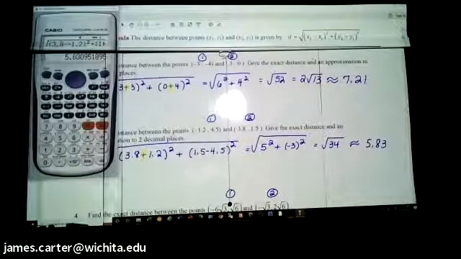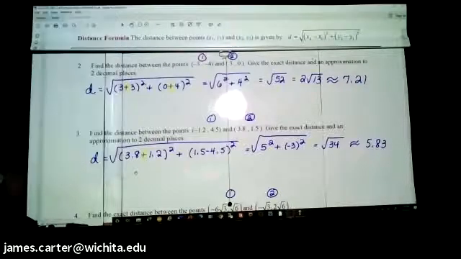Okay, so you can see how we put this in, just like it was in the problem, and that's the beauty of this particular calculator system.